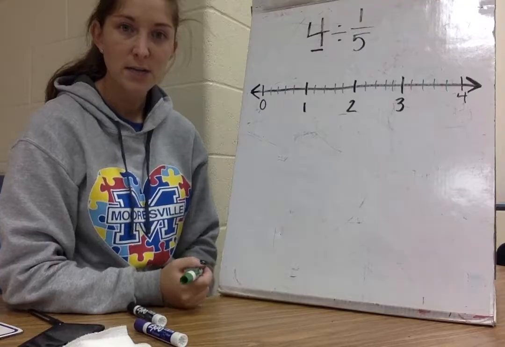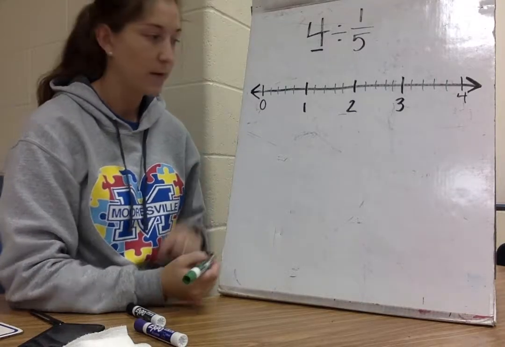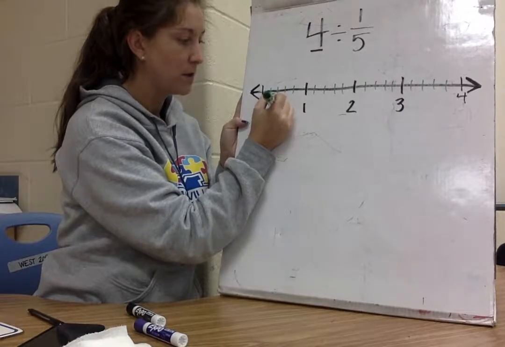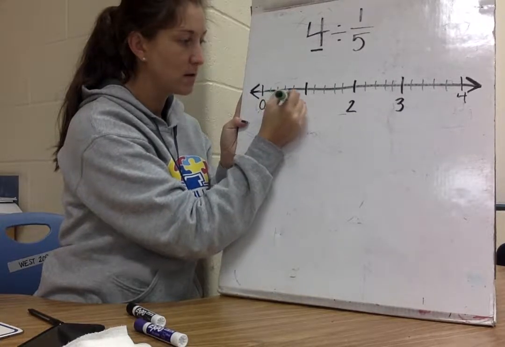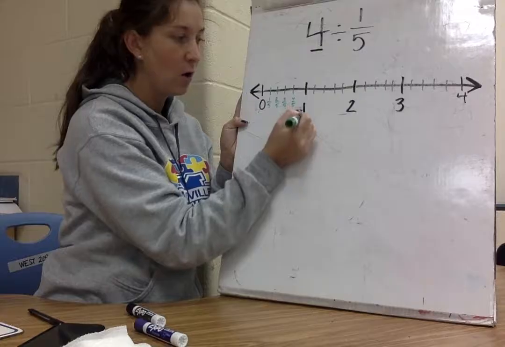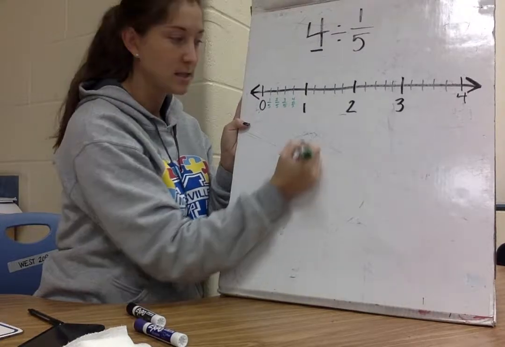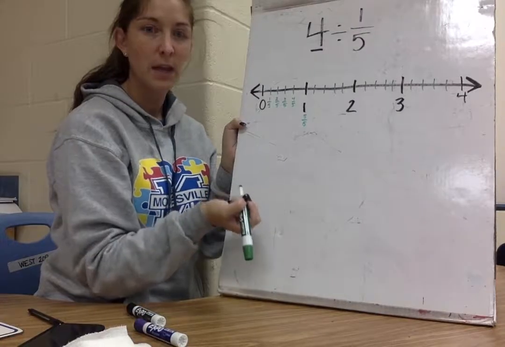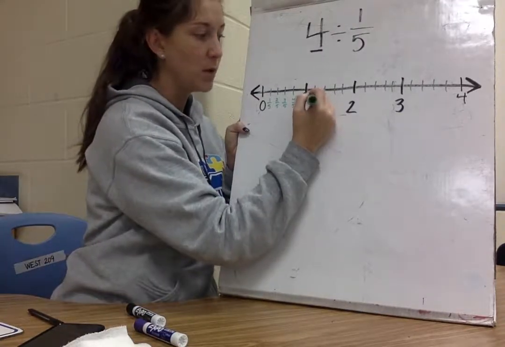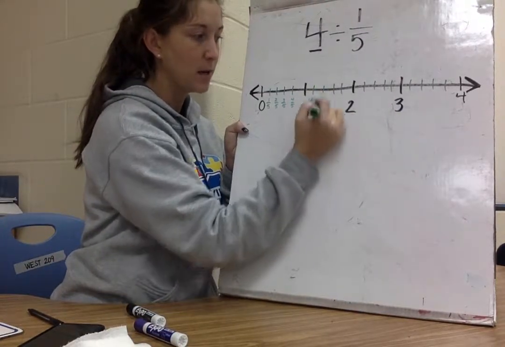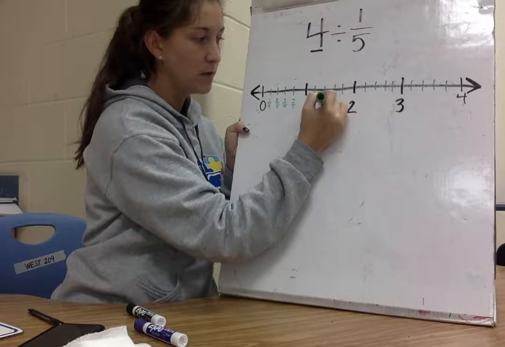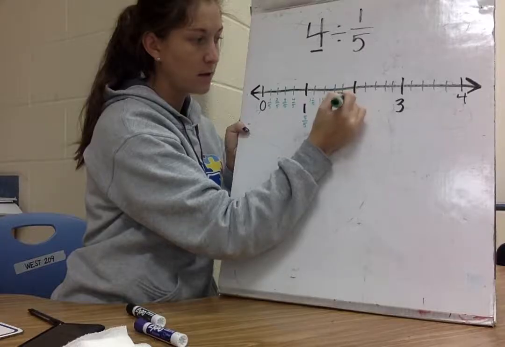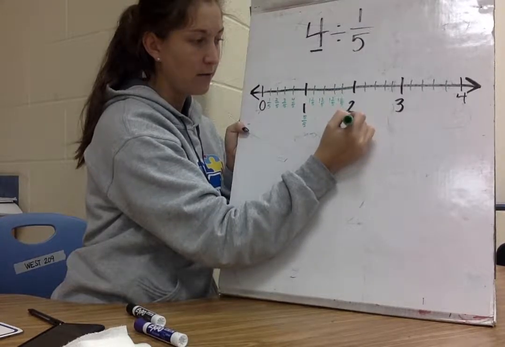So, if I had to place fractional amounts on this number line, this would be 1/5, 2/5, 3/5, 4/5. 1 is the same thing as the fraction 5/5. Then, as we go, this would be 1 1/5, a mixed number, 1 2/5, 1 3/5, 1 4/5, 1 5/5.